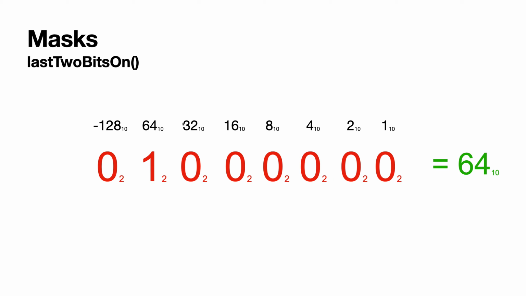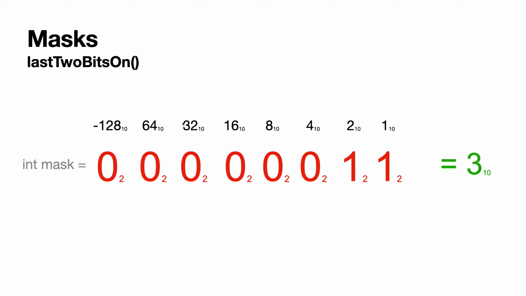To figure out whether certain bits are on, we want to use something called a mask. A mask is just a constant integer that has those 2 bits on. Why would that be helpful?